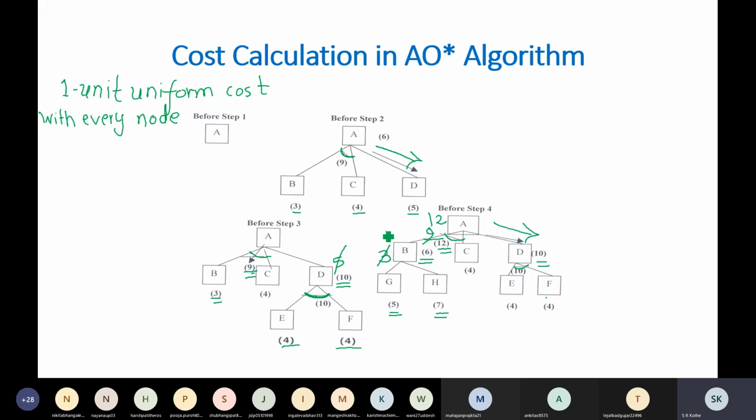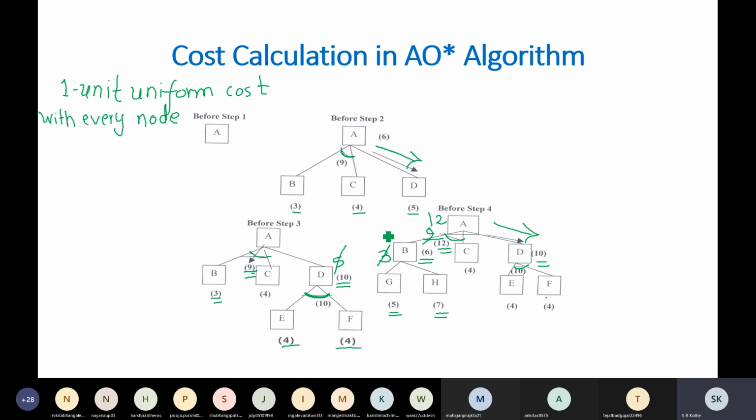That is the backward cost revision that we will have to perform. So this change you are going to incorporate in the best first search algorithm, and we are going to call that the AO star search algorithm.